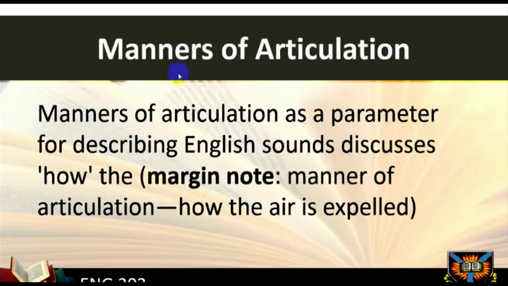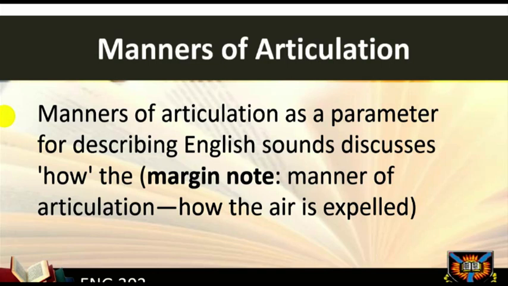Manners of articulation. As earlier discussed, the three parameters by which consonant sounds are described are the state of the glottis, place of articulation, and manner of articulation. The previous section discussed the state of the glottis as well as the place of articulation.